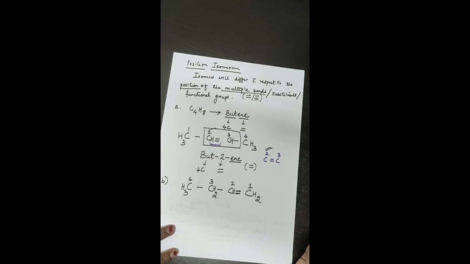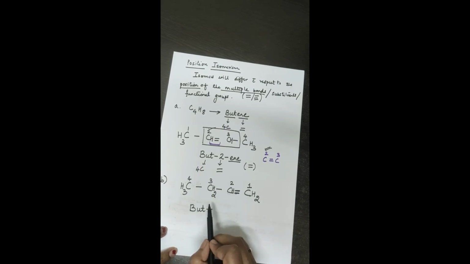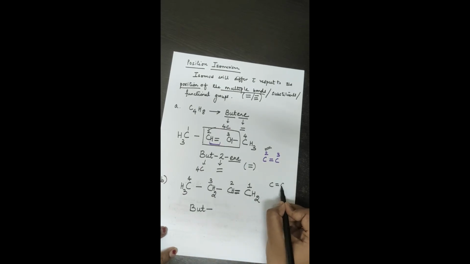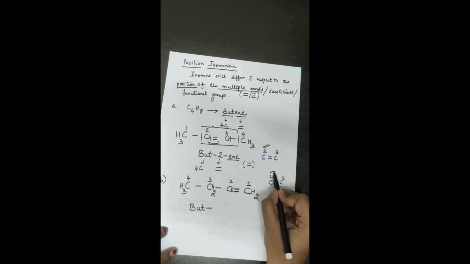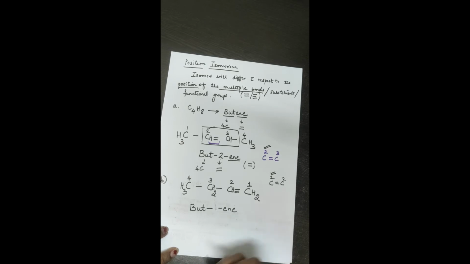How will you name it? 4 carbons, so but. Done. 4 carbons, so bute. Can you all also try naming it? Now here the double bond is between 1 and 2. So which number will we take? Again the number which is lower. So bute 1-ene.